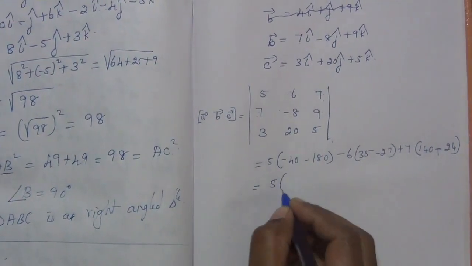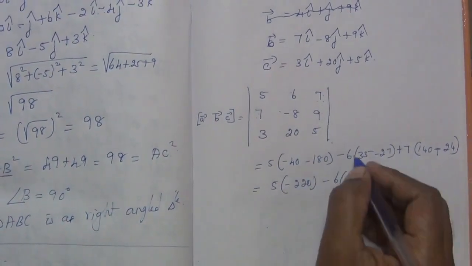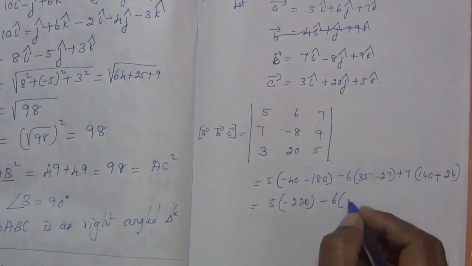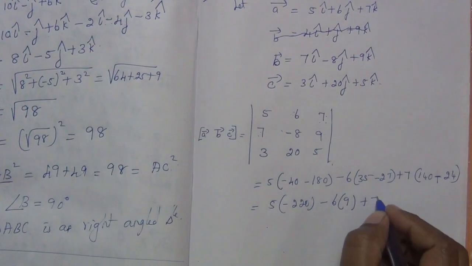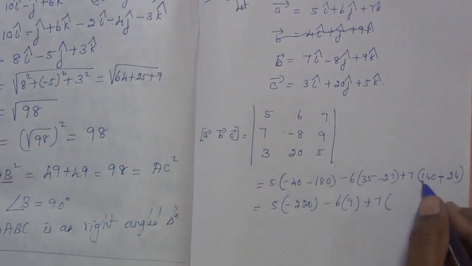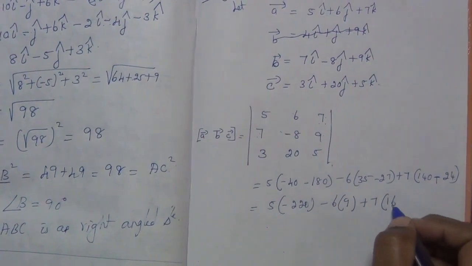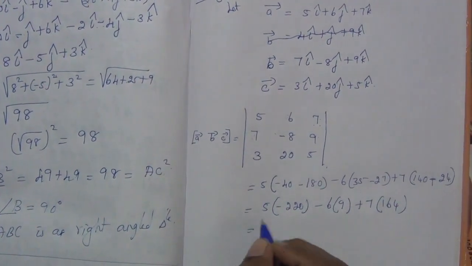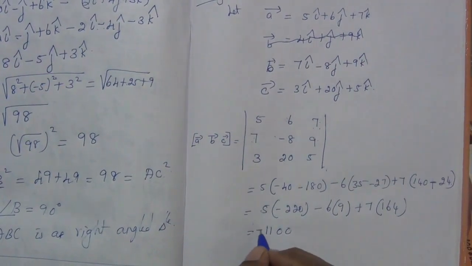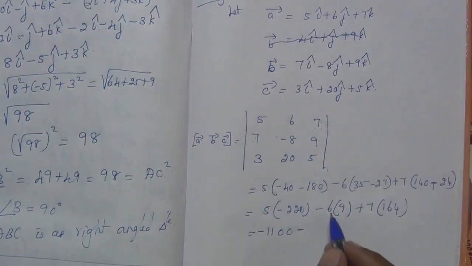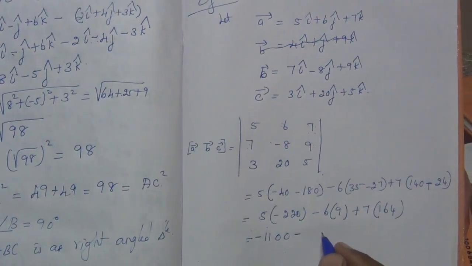See, 5 into minus 220, minus 6 into 9, plus 7 into 164. Here, minus 1100, minus 6 into 9 is 54.